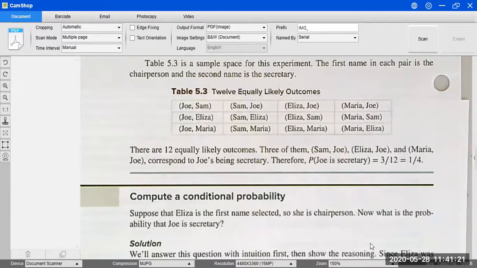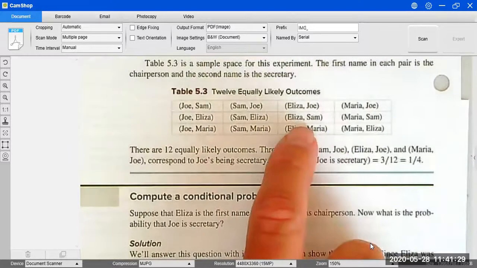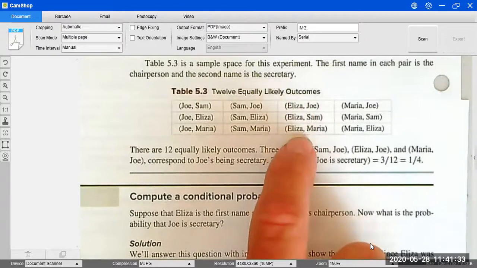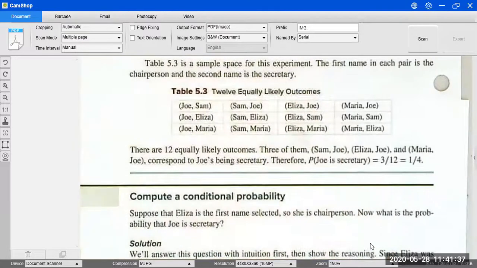So that's the first event. Event A is Elisa is the chairperson. You can see in the table that the cases where Elisa is the chairperson are only these 3 cases. So our sample space is going to change because of that fact. It's a fact, or an assumption.